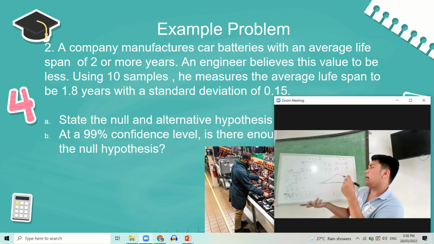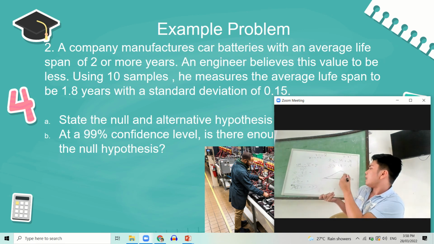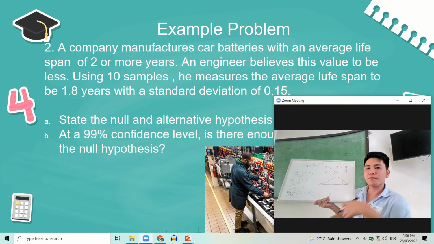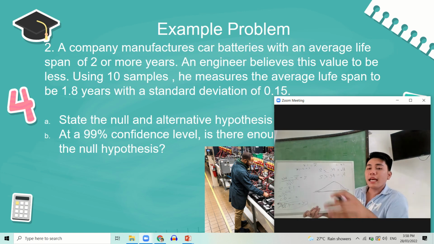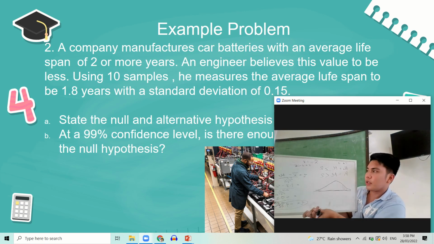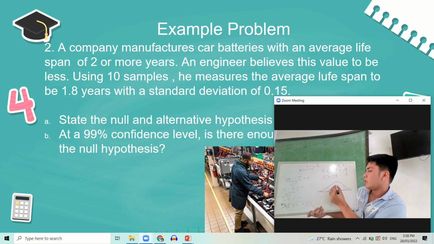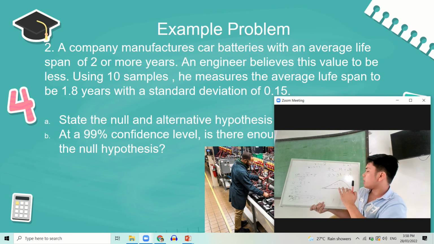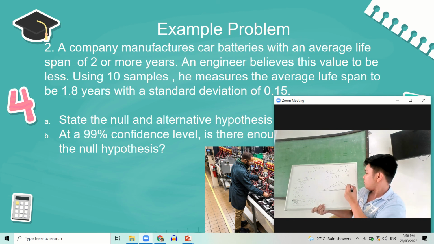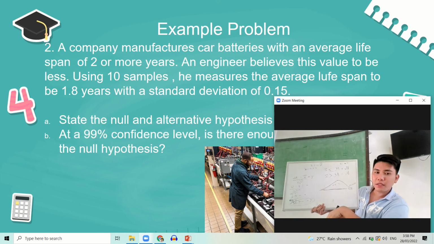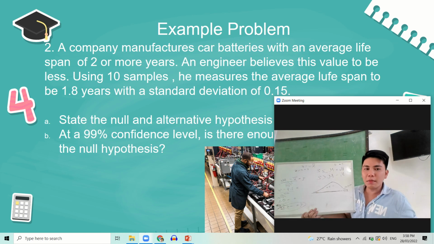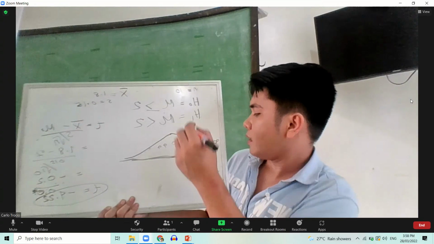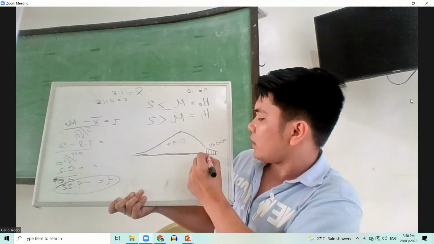Okay, and here again we have a 99% confidence level. So the confidence level is 99%. This is 0.99, and this one here is 0.01. This is the alpha. Okay, 0.01. And what is the critical value here?